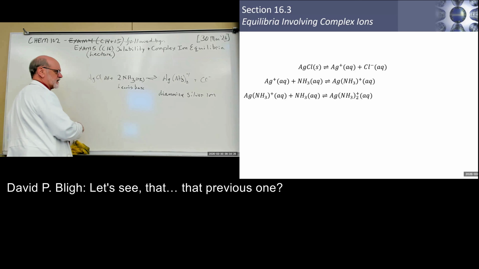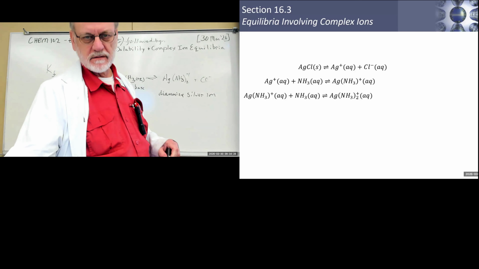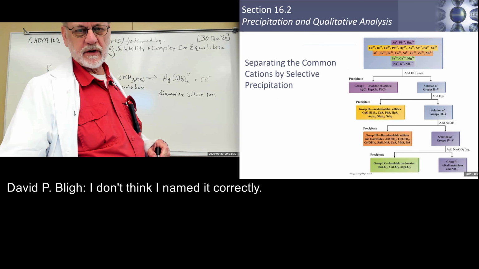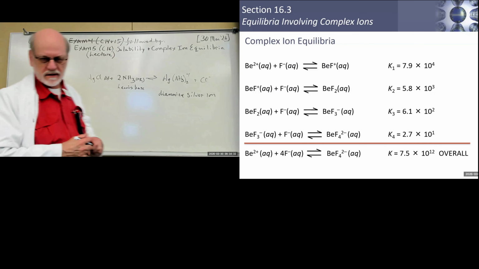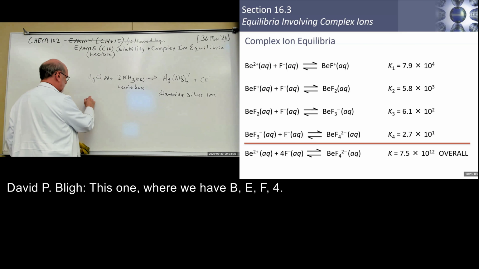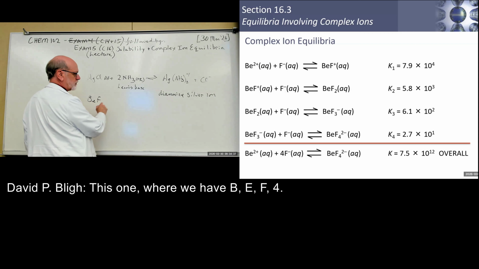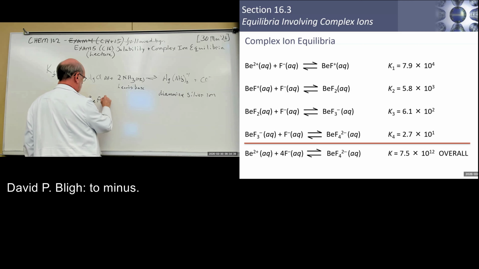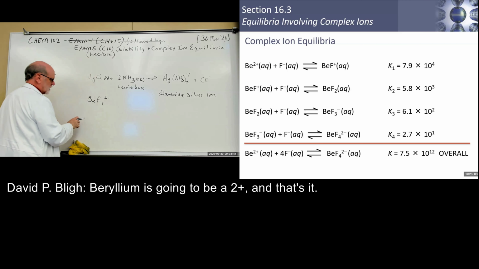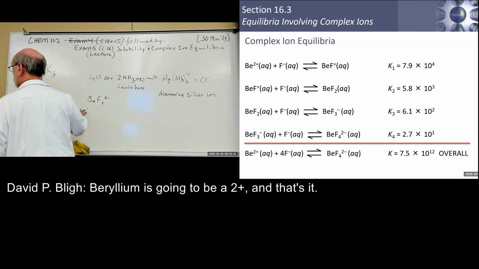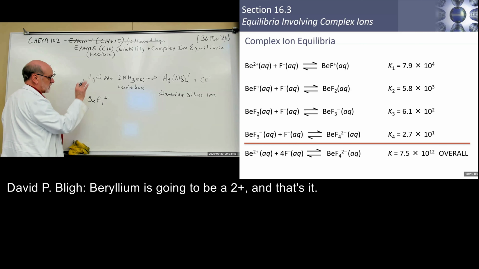Let's see that previous one. I don't think I named it correctly. This one, when we have BeF4 2 minus. Beryllium is going to be a 2 plus, and that's it.